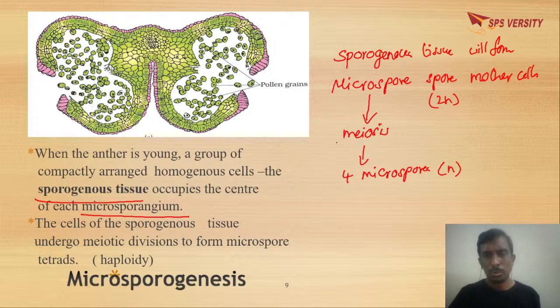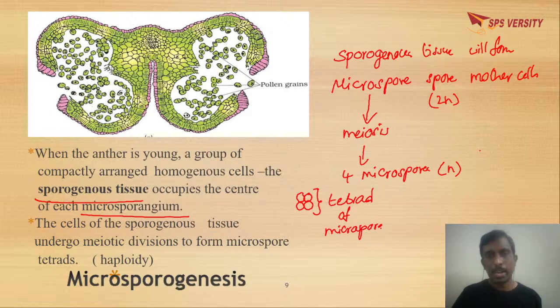Due to meiosis, the diploid is made into haploid. And these 4 microspores which are formed are attached with each other. So this entire structure where 4 microspores are present is called a tetrad of microspores.